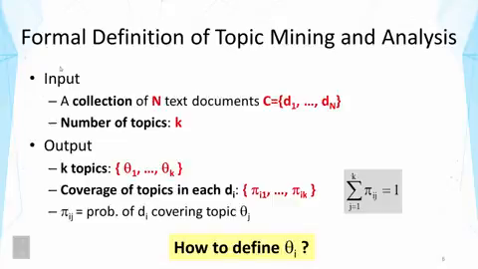And we can assume that these probabilities sum to 1 because a document won't be able to cover other topics outside the topics that we discovered. So now the question is, how do we define theta sub i? How do we define the topic? Now this problem has not been completely defined until we define what is exactly theta. So in the next few lectures, we're going to talk about different ways to define theta.